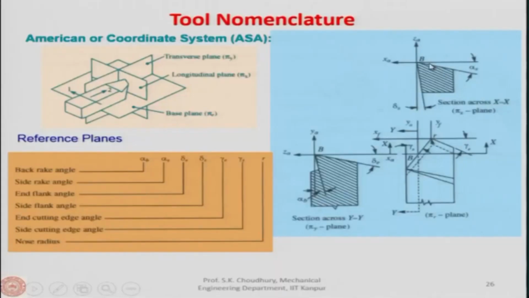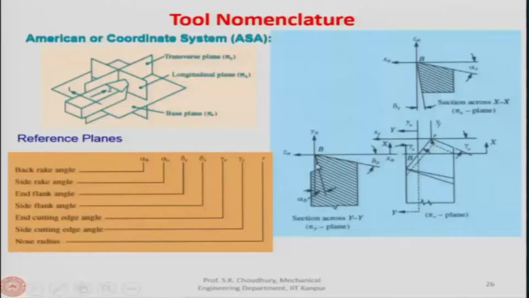Now, here this is another inclination of the rake angle, and this is given by the side rake angle. So, both the rake angles define the inclination of the rake face with respect to a line perpendicular to the cutting velocity vector.